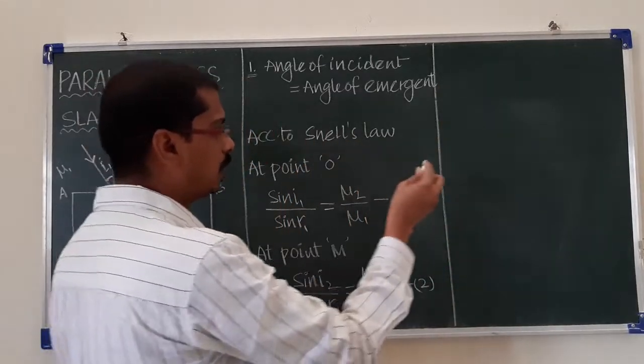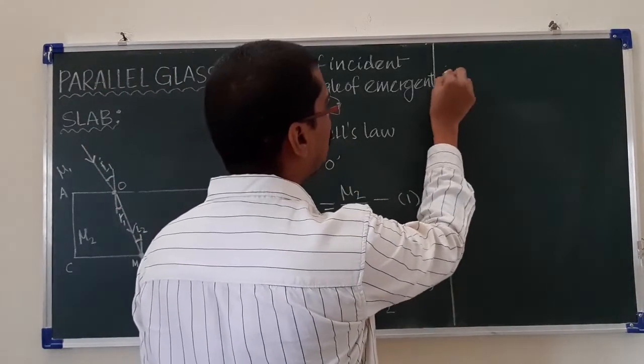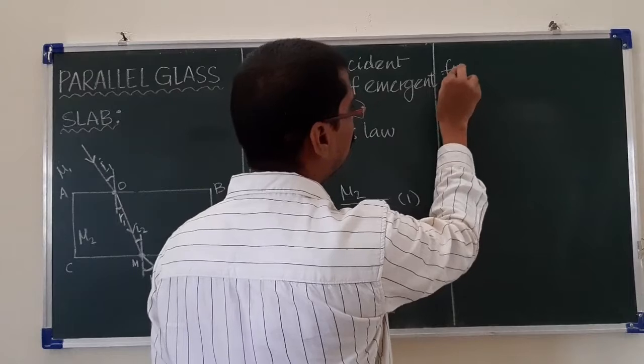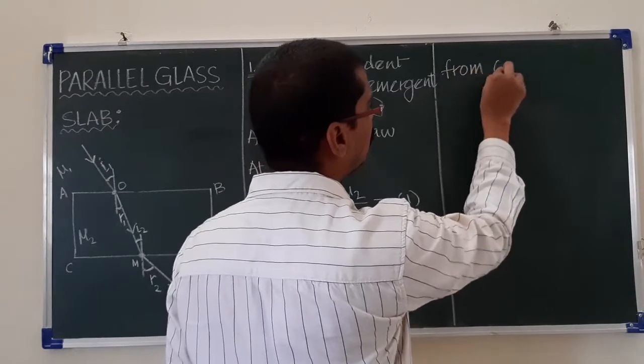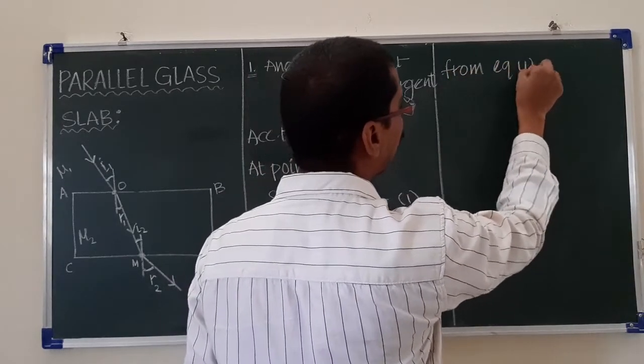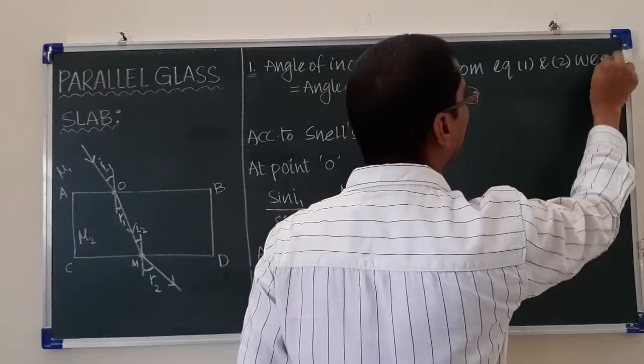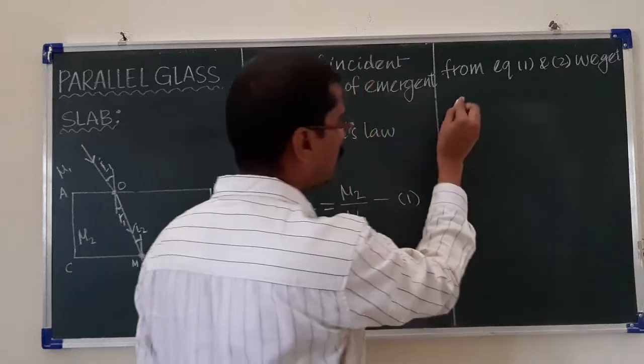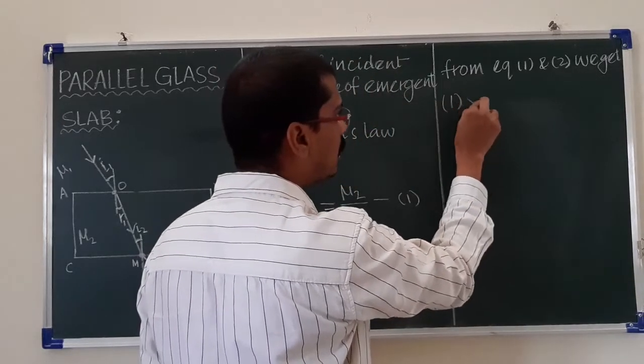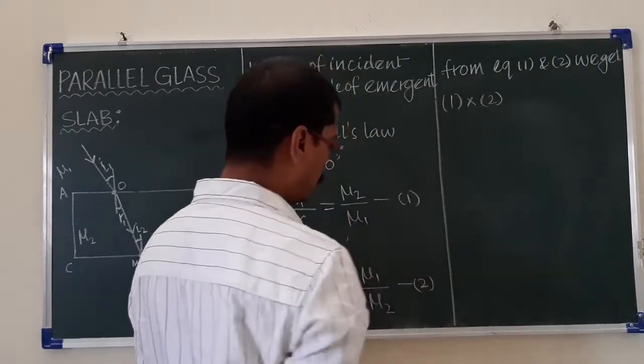In these two equations, therefore from equation 1 and 2, we take equation 1 multiplied with equation 2.